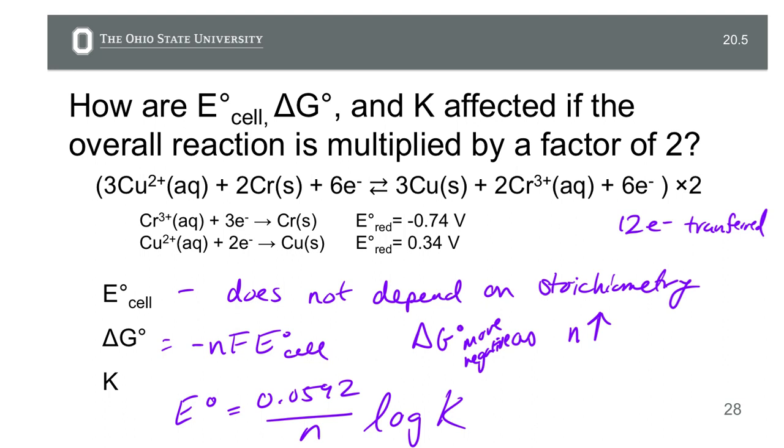And then you can also relate this with delta G. Since delta G equals minus RT natural log of K, if delta G magnitude becomes more negative, K has to be larger. So the main thing here is that cell potential does not depend on the number of electrons transferred.